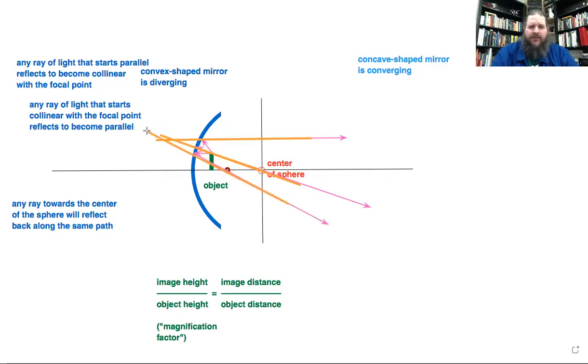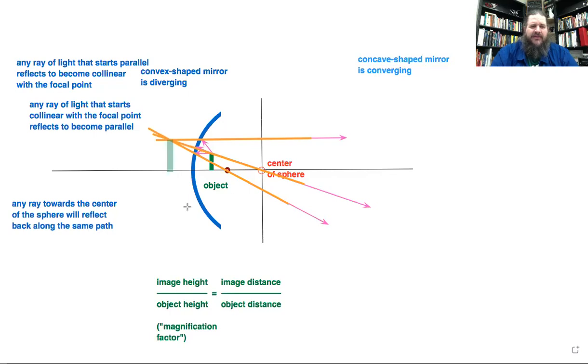So as far as the parts of your brain dealing with vision are concerned, these rays of light all seem to have come from some point back here. So that point where the rays of light seem to have come from would be the image.